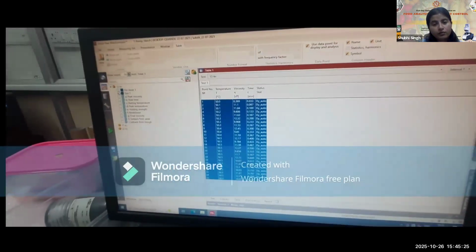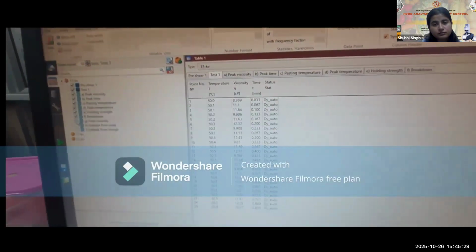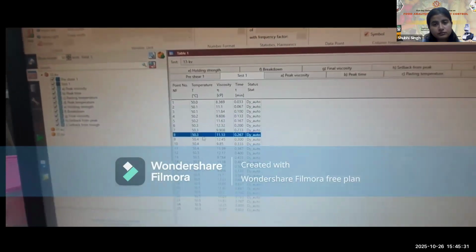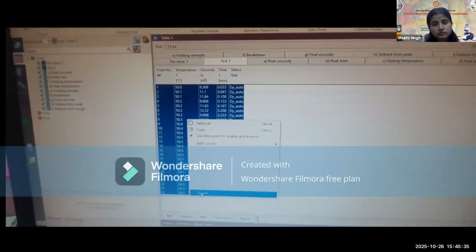At the last, the data in the form of temperature, viscosity, time can be saved in a separate file.